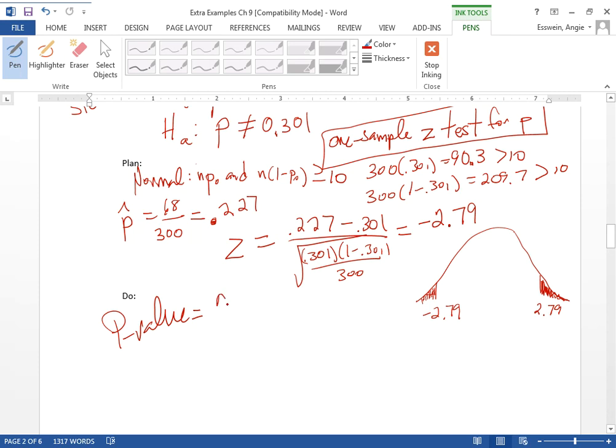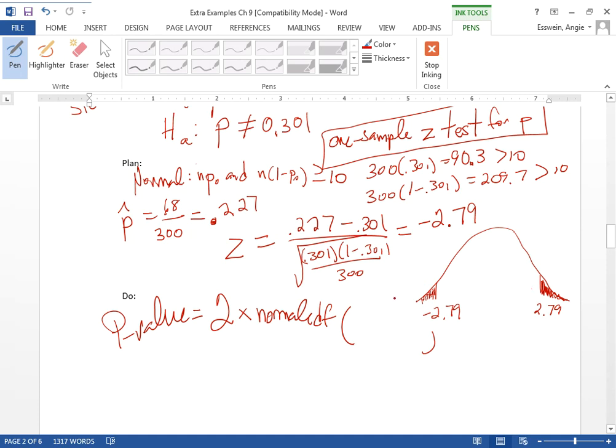So you're going to do 2 times normal CDF. And now you have options about the range that you use. If you look at the area, it's totally symmetric, so you can go from negative infinity to negative 2.79, or 2.79 to infinity. Don't make the mistake of going from negative infinity to 2.79. You see how that's going to give you an area greater than 50%?